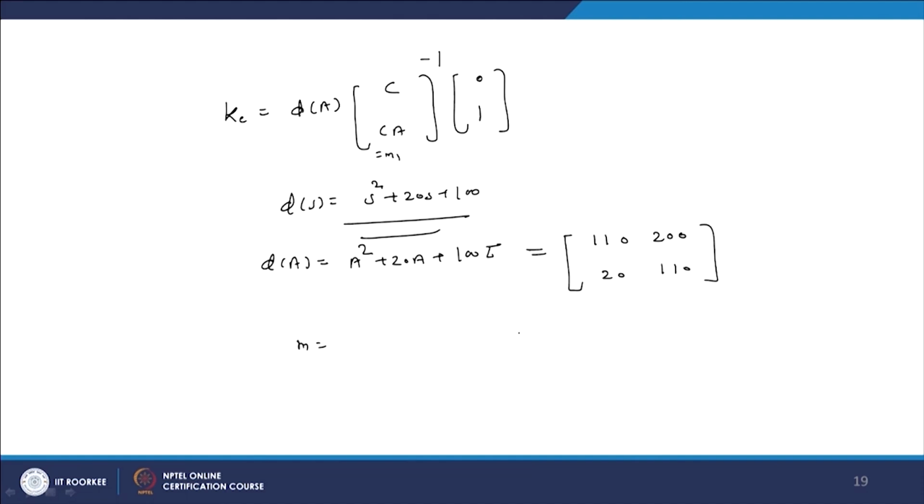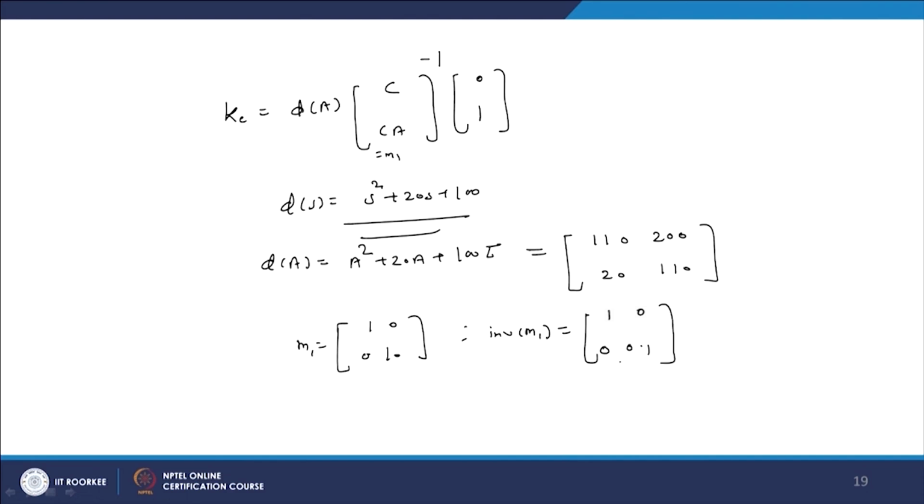So this m1 we get as [1 0; 0 10], and if you want to determine the inverse of m1, we will get [1 0; 0 0.1].